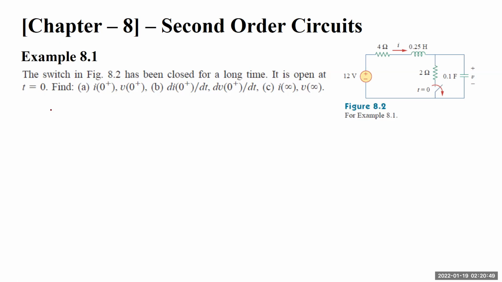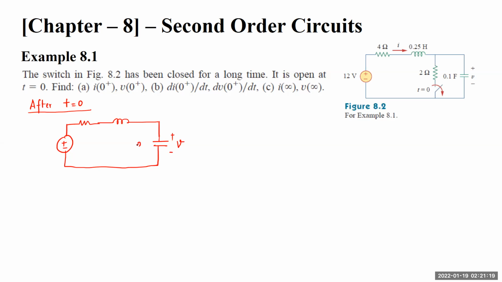So for part B, the rate of change of current and rate of change of voltage. So the thing is, we draw the circuit after time t equals 0. After time t equals 0, the circuit is something like this.